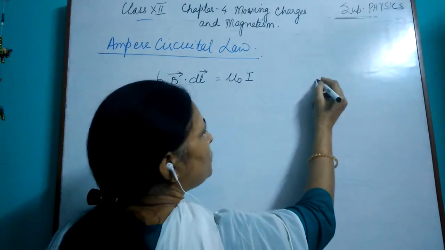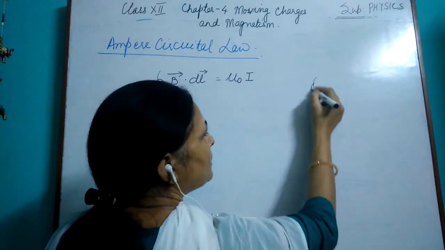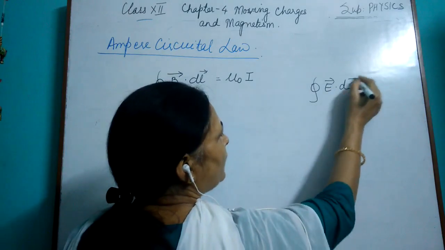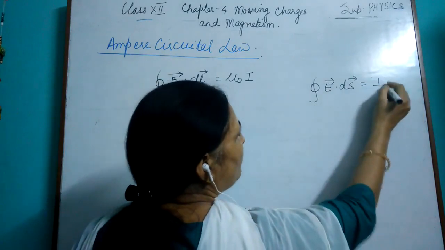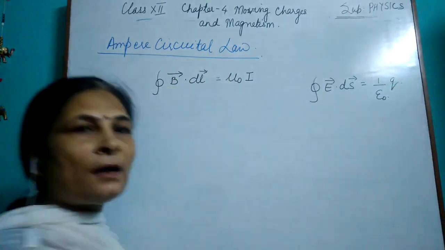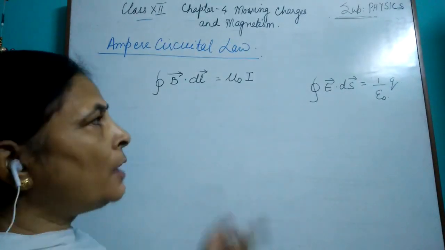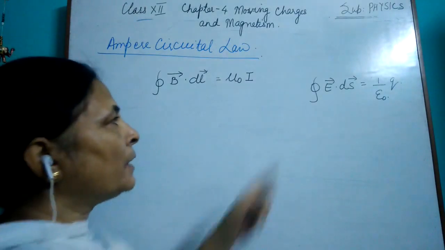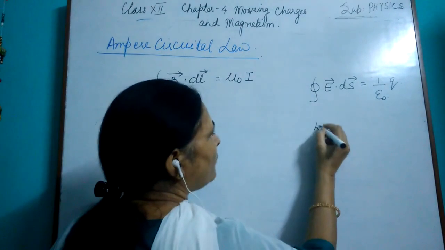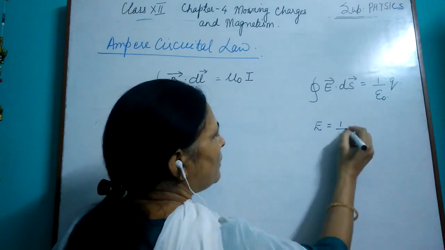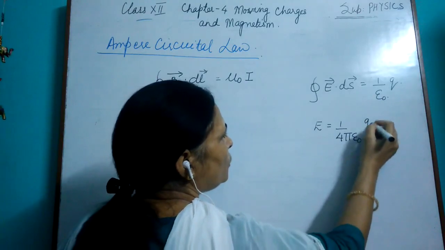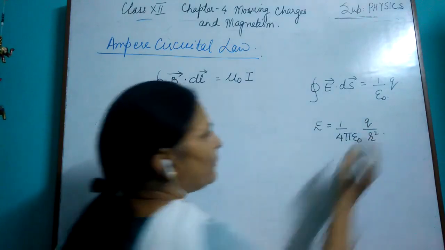See, in Gauss's theorem, it is the surface integral of electric field equal to 1 by epsilon naught times the charge enclosed. Now I'll repeat the concept. For finding out electric field, we have a formula 1 by 4 pi epsilon naught Q upon r square.